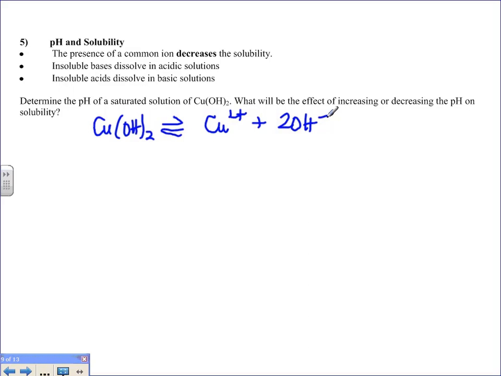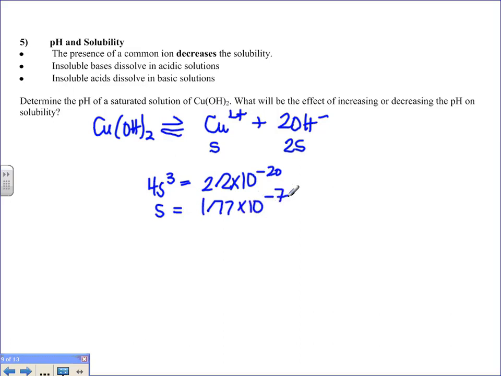A saturated solution has maximum solubility, so really what we want to do is determine the solubility of copper hydroxide, and that will allow us to know the concentration of the hydroxide in the saturated solution. For this one, we've got 4s cubed is equal to 2.2 times 10 to the negative 20. So S here is equal to 1.77 times 10 to the negative 7.